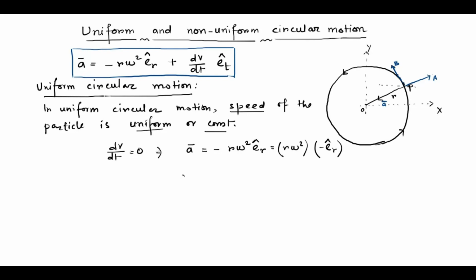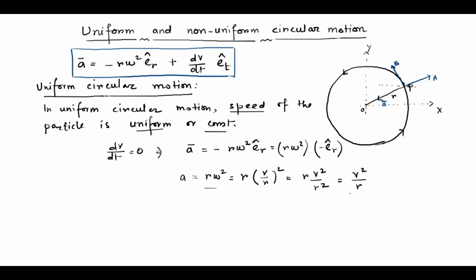So the magnitude of the a vector is r omega square, where omega equals v by r. So r times v square by r square equals v square by r.